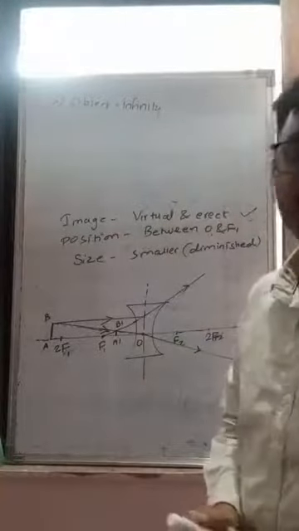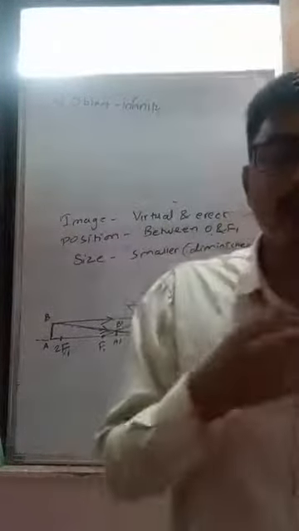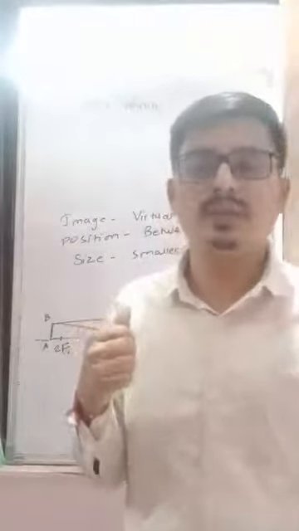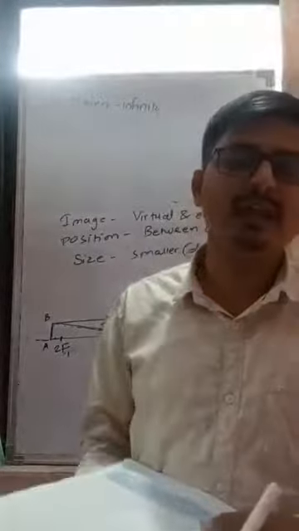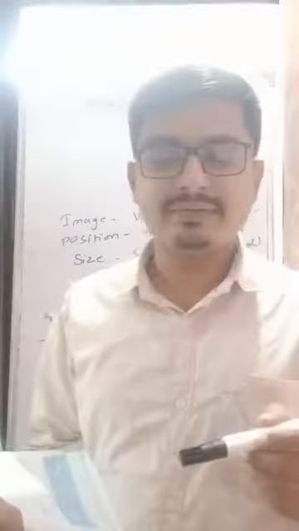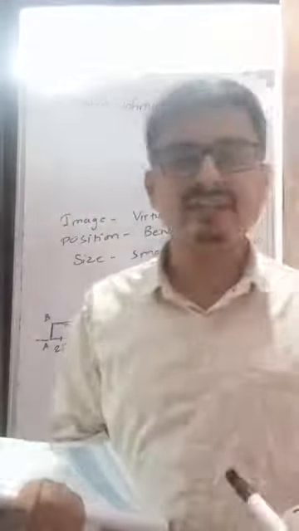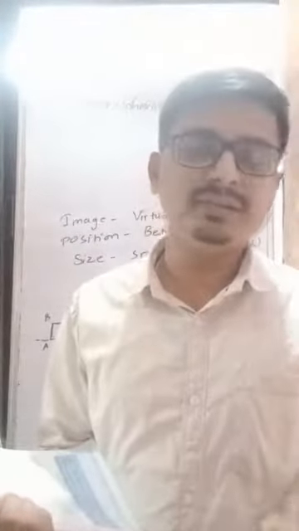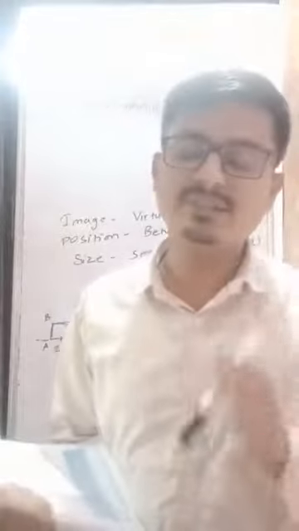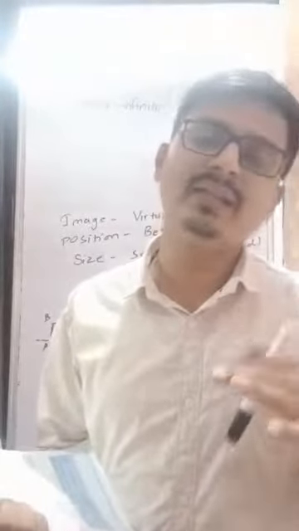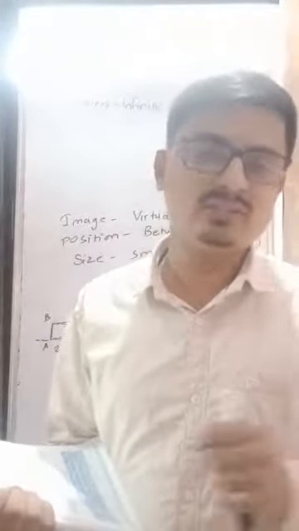If the object is kept at a focus, or some other images, for example, so by observing these two ray diagrams of concave lens, we can say that whenever the object is kept in front of the concave lens, the images that we are getting are said to be virtual and erect. Okay, that means the object's image we will be getting in the left hand side of the lens only.